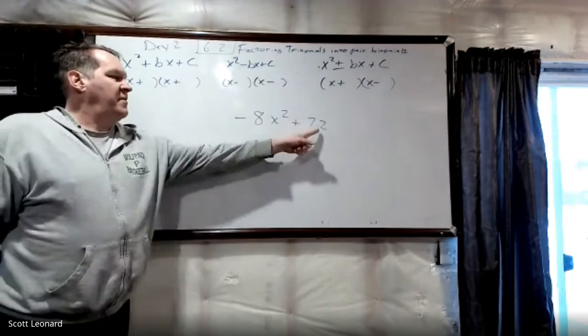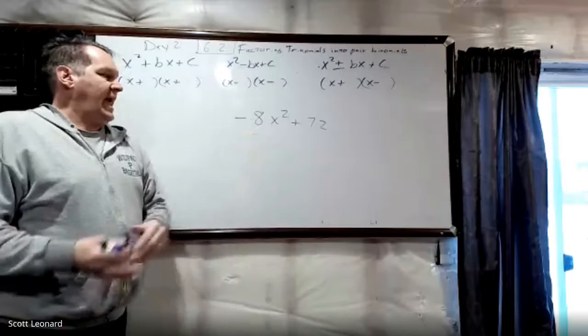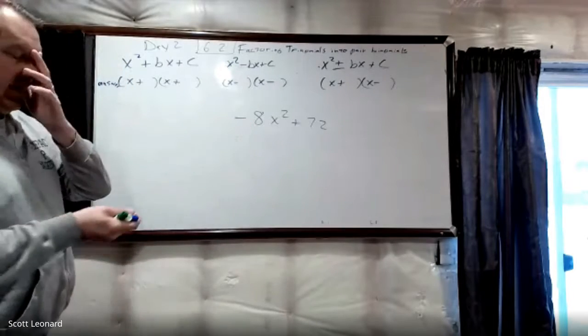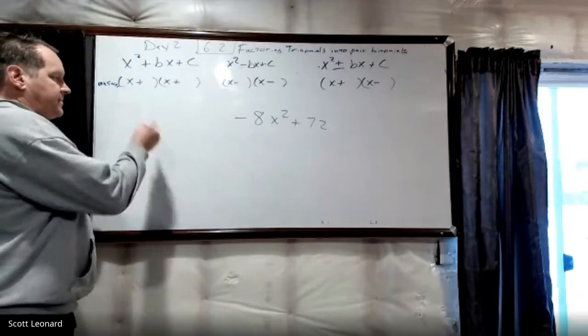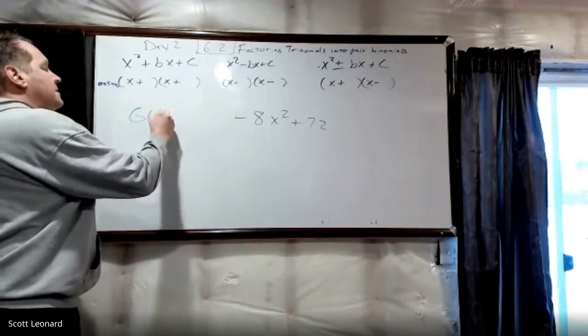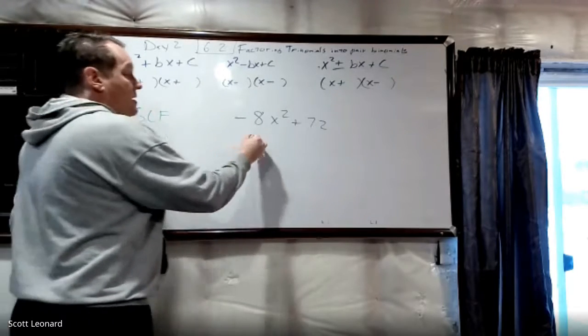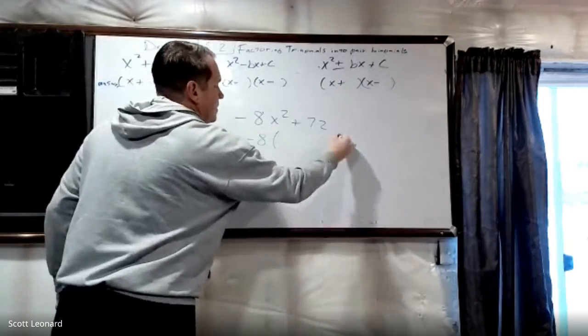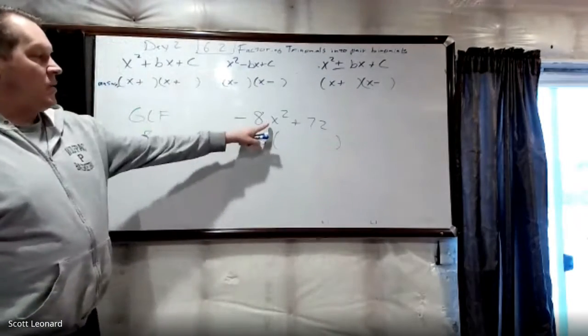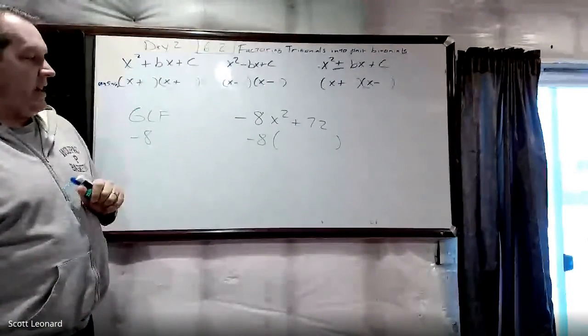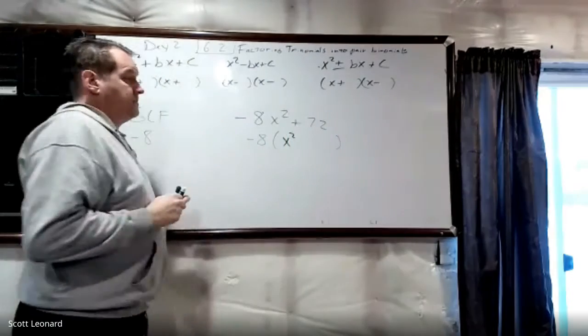So the greatest common factor of 8 and 72 is 8. I'm going to pull out a negative 8 as my greatest common factor. All right? When I do that, negative 8 times what will give me negative 8x squared? 1x squared, yep.